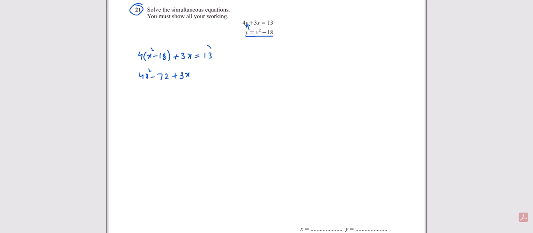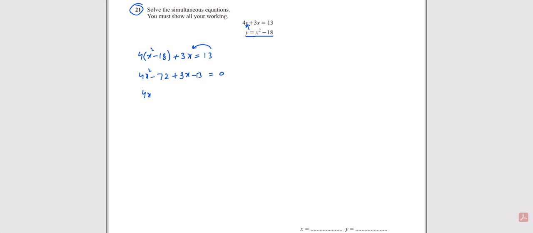Multiply 4 with x square minus 4 multiplied by 18, that is 72, plus 3x, and this 13 shifted to this side will be negative, is equal to 0.